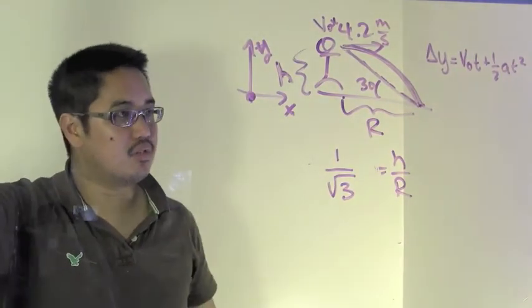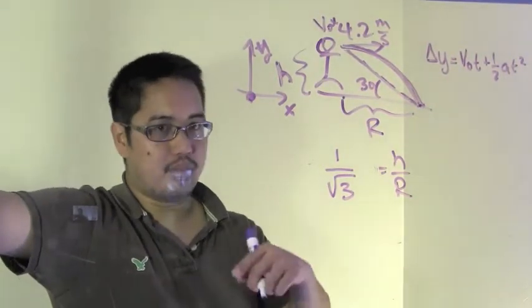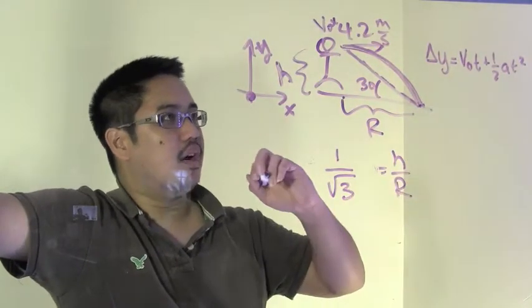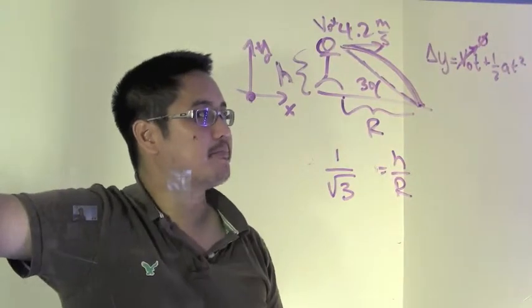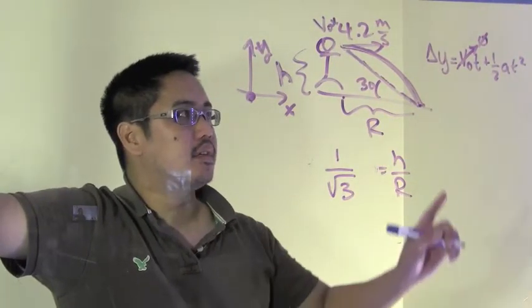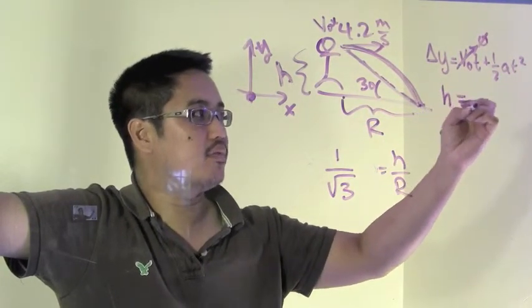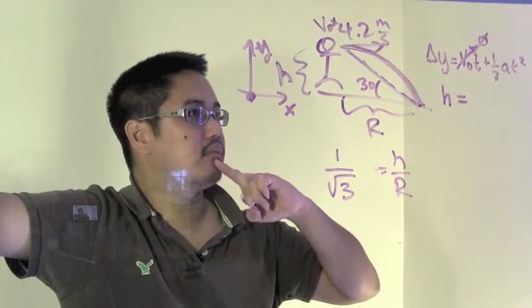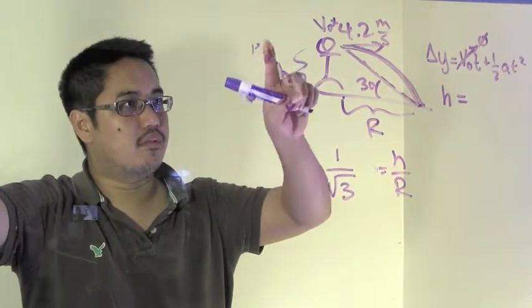Starts off at 0. Can you still hear me and see me? Yeah, I can. Alright, okay. My computer screen went blank, which doesn't necessarily mean that you can't hear me and see me. Alright, the velocity in the y direction is 0, so we don't have to worry about that. Your delta y is h minus 0, final minus 0. So it's h equals... actually, you know what? I'm going to call the positive y direction to go down.